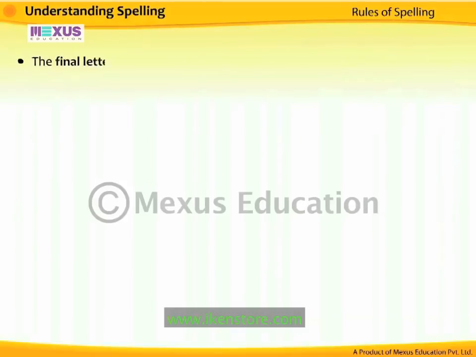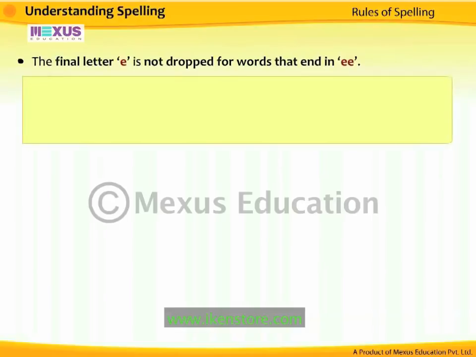The final letter E is not dropped for words that end in EE. Thus, see retains the final letter E in seeing, and flee retains the final letter E in fleeing.